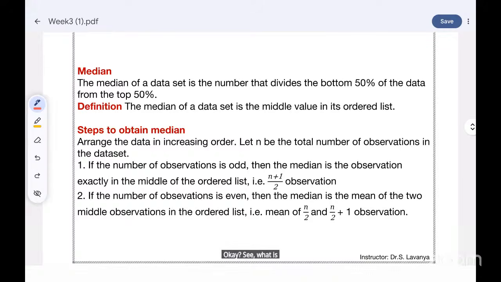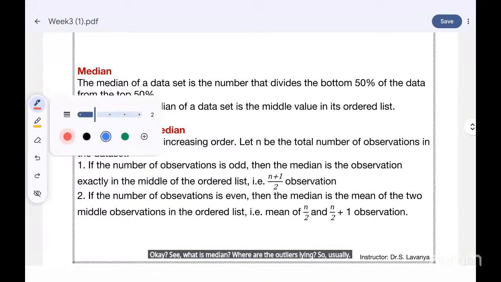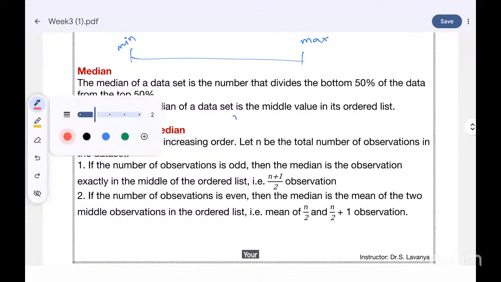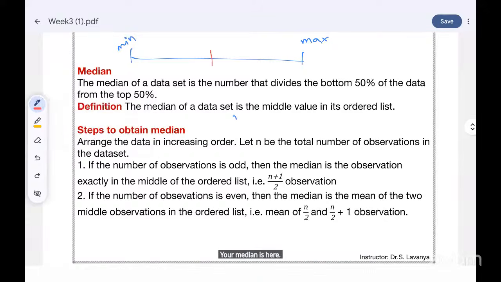Okay, see, what is median? Where are the outliers lying? There is a specific definition of outliers. Suppose this is your entire ordered data set, with the minimum here and the maximum here, and your median is here.